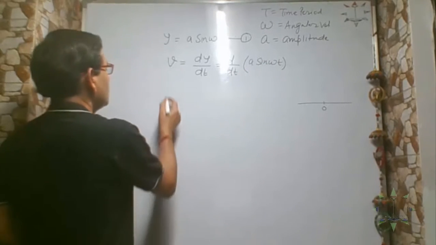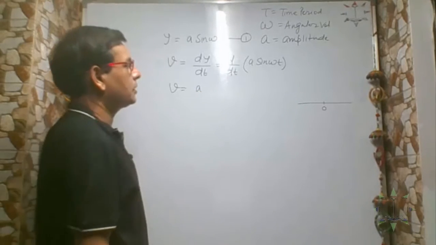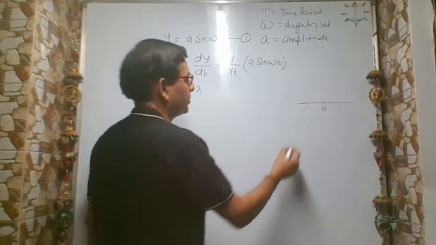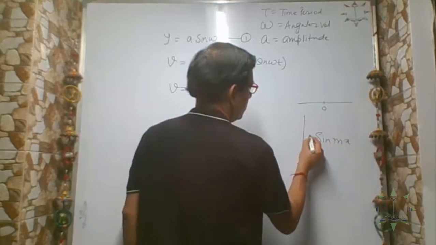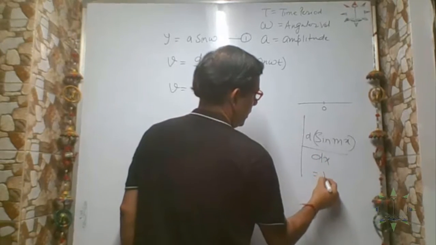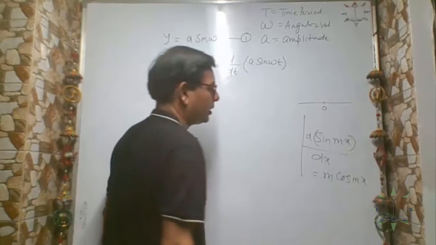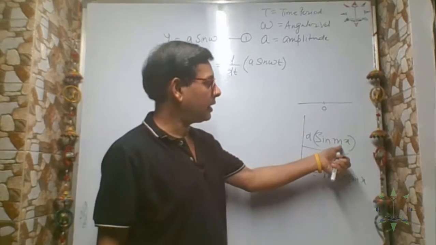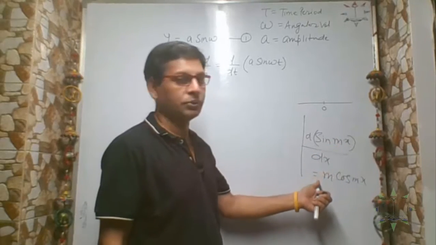A is constant, omega is constant. So v equal to d by dt of a sin omega t. The differentiation of sin mx with respect to x is what? m cos mx. Whatever is multiplied as a constant with the angle comes out.